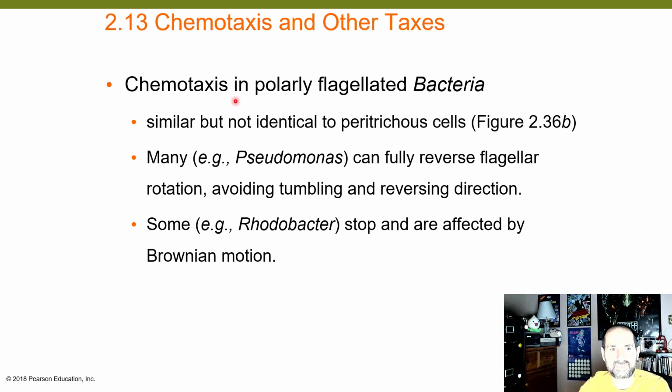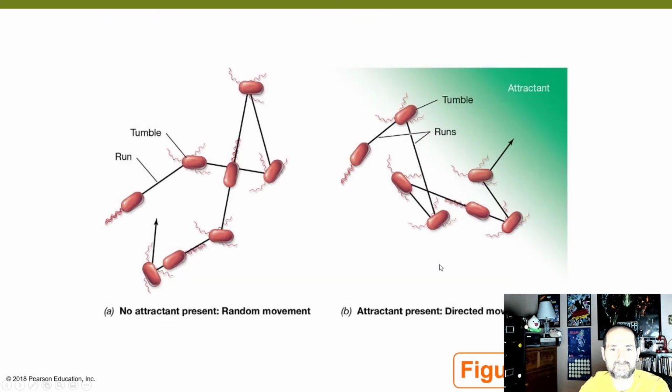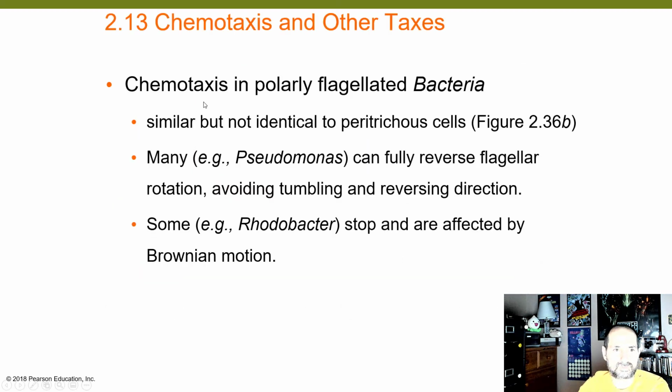So what's chemotaxis like in polarly flagellated bacteria? Remember in peritrichous bacteria, during a run, the flagella kind of bunch up. During a tumble, they split apart. So polarly flagellated bacteria, where you have one flagellum, is similar but not identical to peritrichous motility.